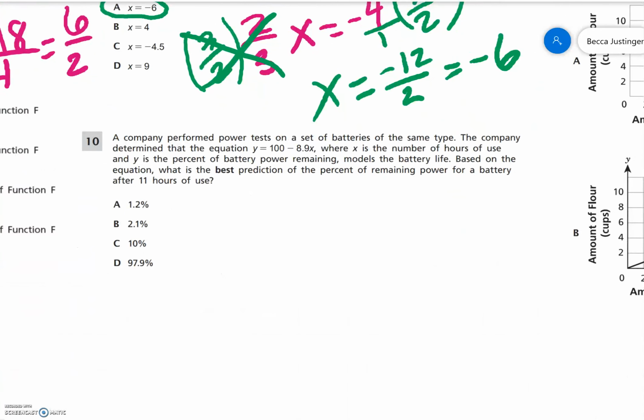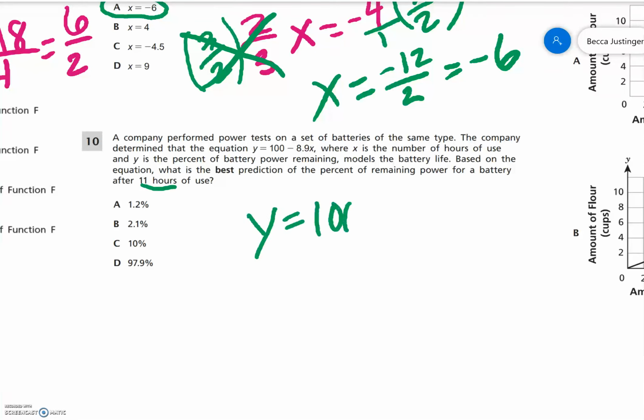A company performed tests on a set of batteries of the same type. The company determined that the equation y equals 100 minus 8.9x, where x is the number of hours used and y is the percent of battery power remaining, models the battery life. Based on the equation, what is the best prediction of the percent of battery power for 11 hours after use? So we have to plug 11 into the equation.